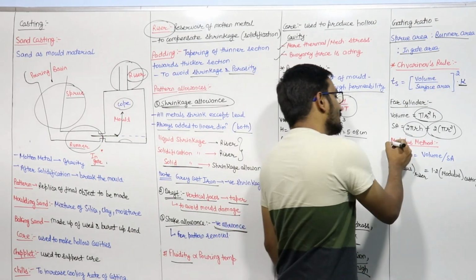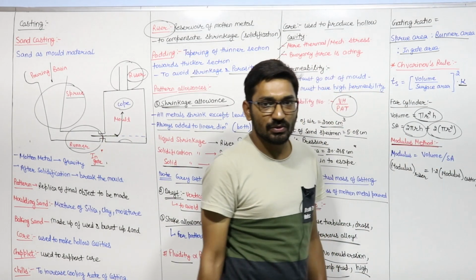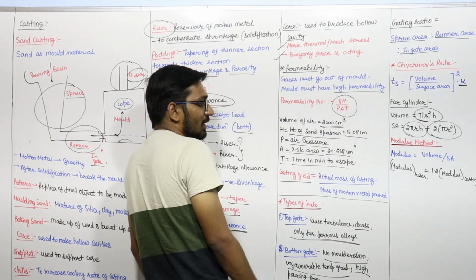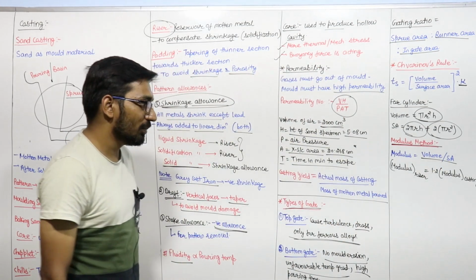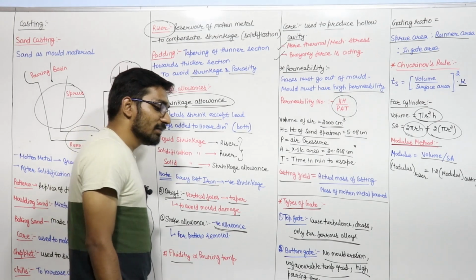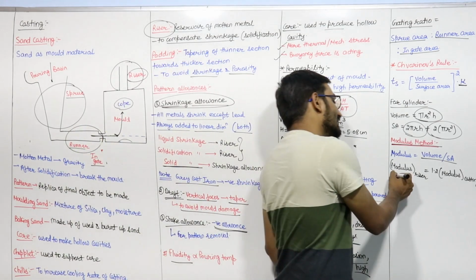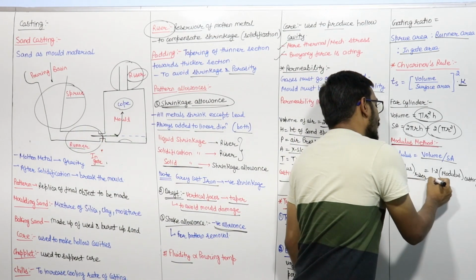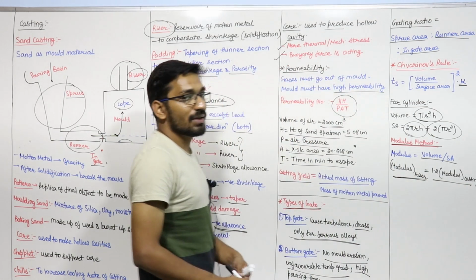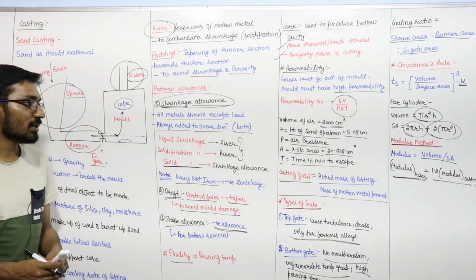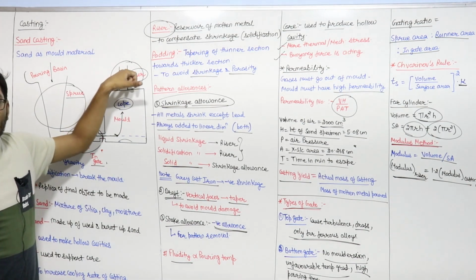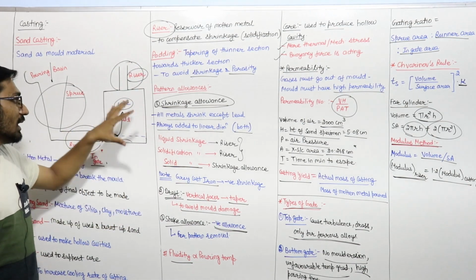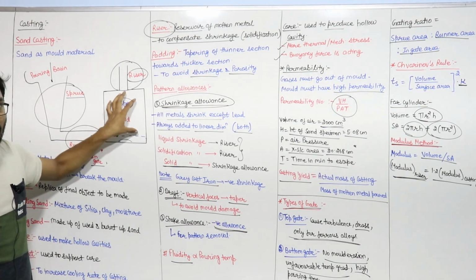Another is the modulus method. The modulus method is also used to find the solidification time. The modulus is your volume upon surface area. This is known as modulus, and generally we say that the modulus of the riser is 1.2 times the modulus of the casting. Why do we need this? Because we always want the metal in the riser to solidify after the solidification is done in the cavity, right?